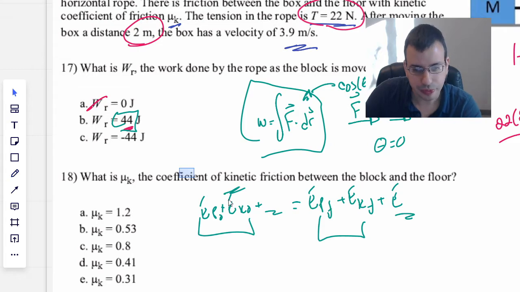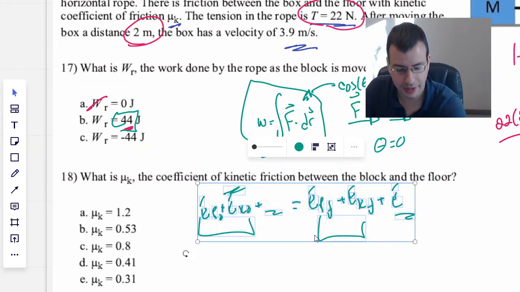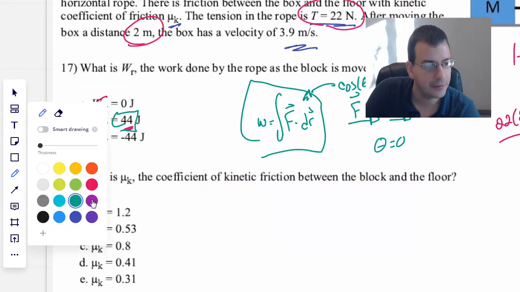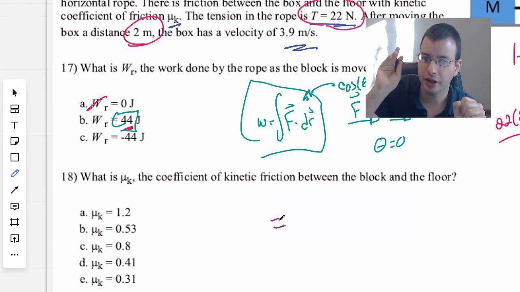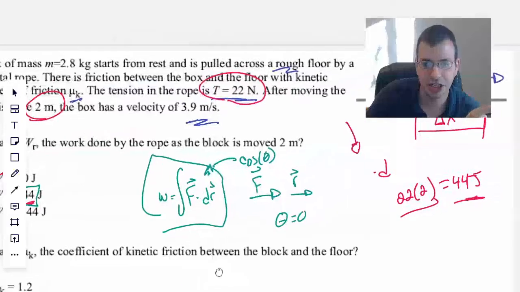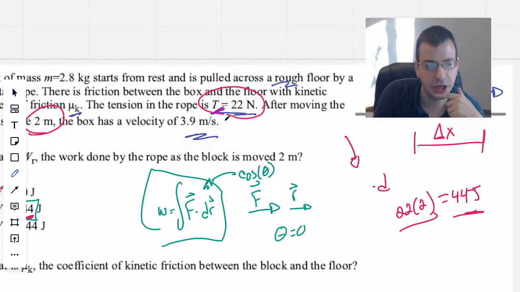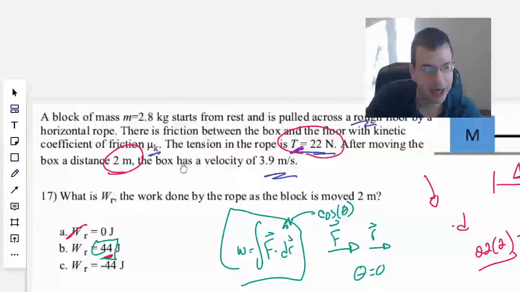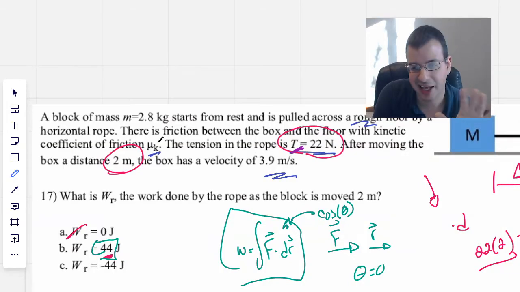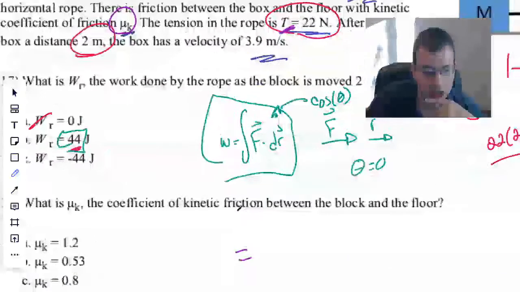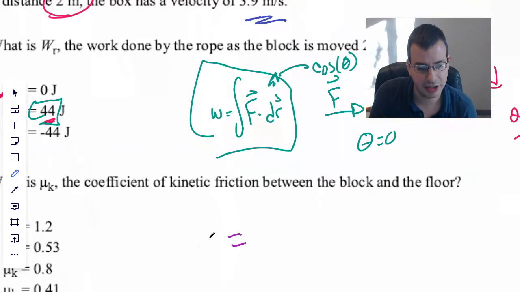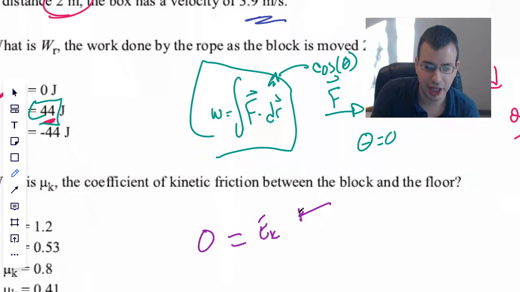We have a block that starts at rest, and we're adding energy to it. Specifically, we're adding energy due to the tension of this rope, and we're also taking energy away through friction. I'm going to start by writing this out as 0 equals kinetic energy. Kinetic energy is 1/2 mv squared.